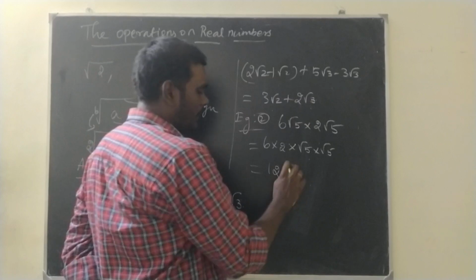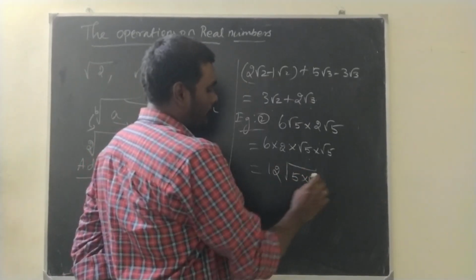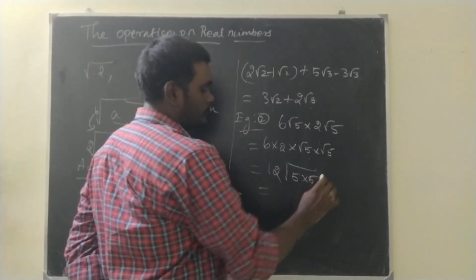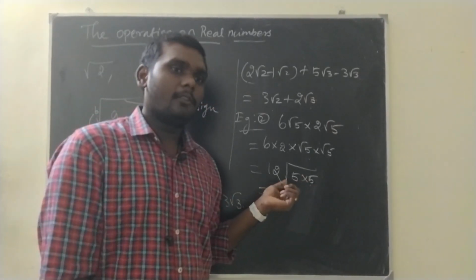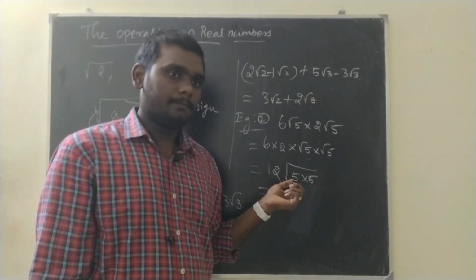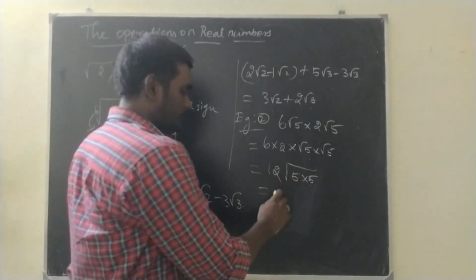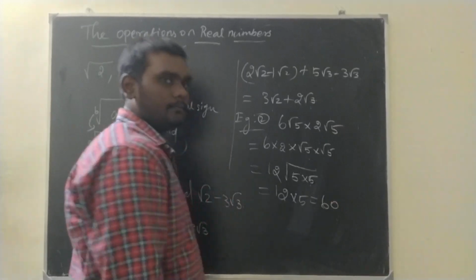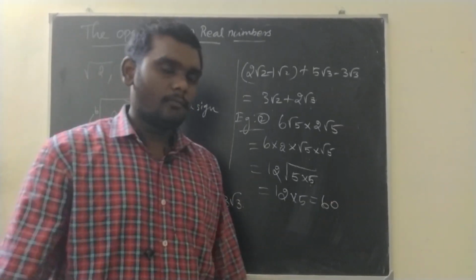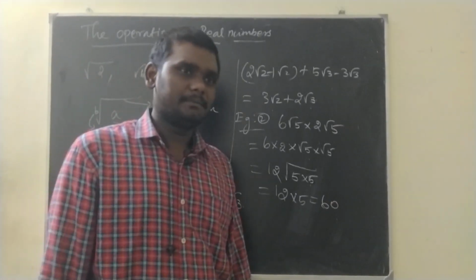And root 5 into root 5 means root of 5 into 5. When two equal numbers are inside a square root, one number will come out, taking the square root. So here 12 into 5, 12 5s are 60. That is all. Very tough it is, right?